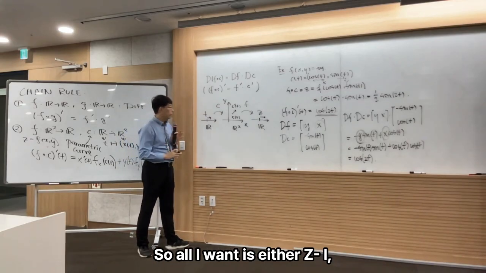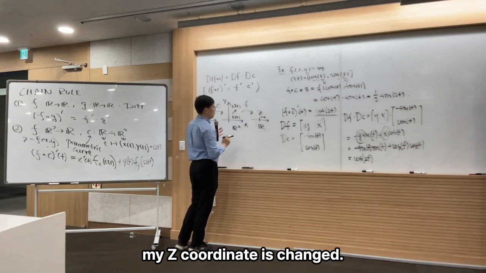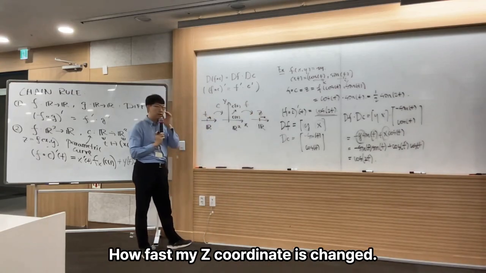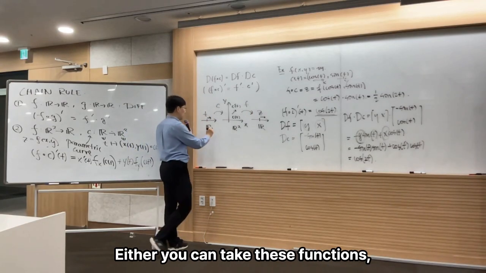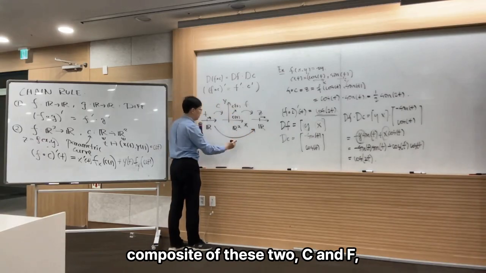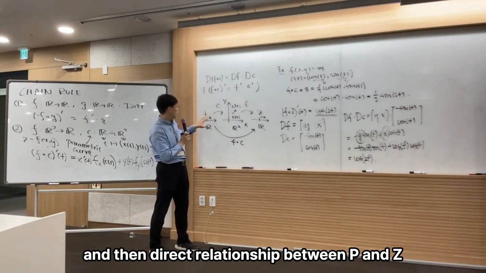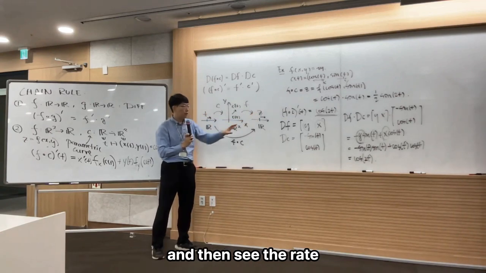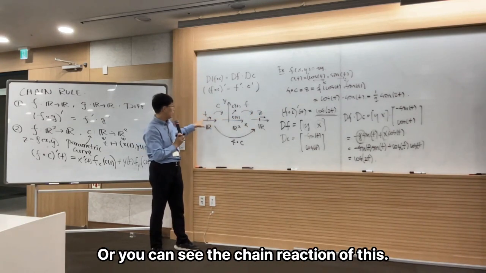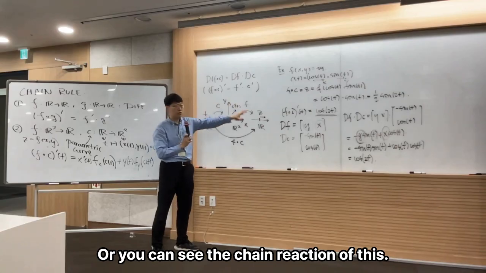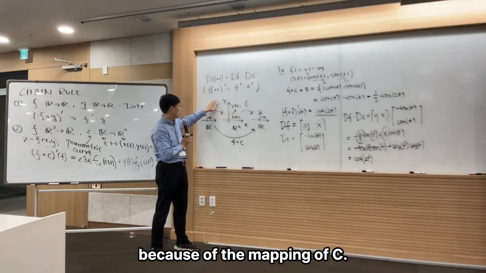All I want is how much my z coordinate is changed, how fast it is changed. There are two ways of calculating this. Either you can take the composite of these two functions, c and f, get the direct relationship between t and z, and then see the rate of change of z according to t. Or you can see the chain reaction. Because t is changed, c(t) is changed by the mapping of c.